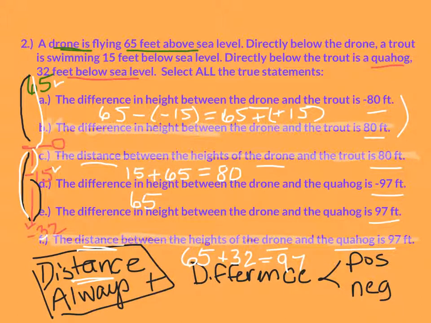Finding a difference, so I subtract the distance between that and the quahog, which is 65 minus negative 32. Of course, I stay, change, change. So that's going to equal 65 plus 32. So I know that it is, in fact, a positive plus a positive. So that, of course, is going to give us another positive. So the one that says it's positive is choice E.